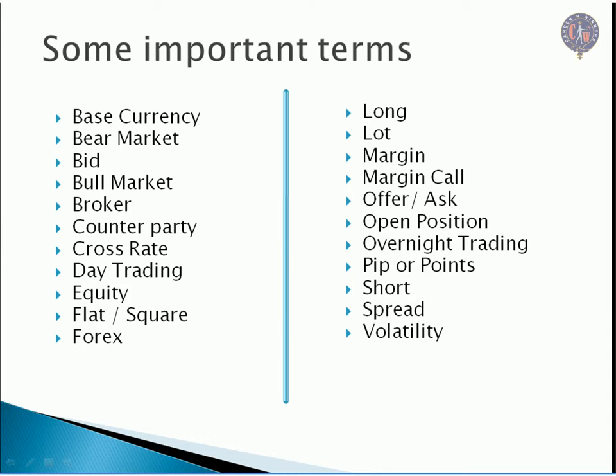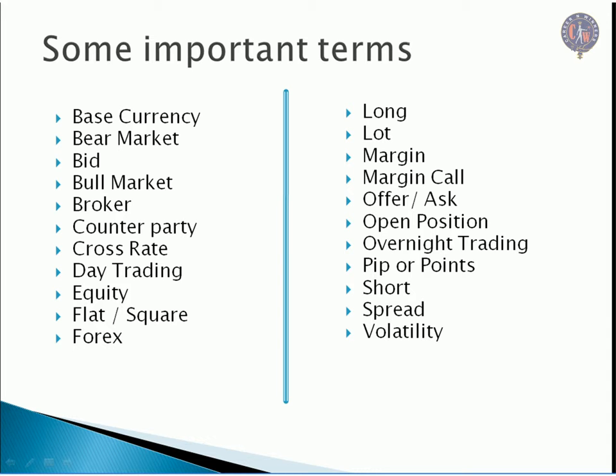Term number 13, lot. One lot equals $100,000 against another currency. Term number 14, margin. Margin is a cash deposit provided by clients as collateral to cover possible future losses that may result from the client's foreign exchange trades.